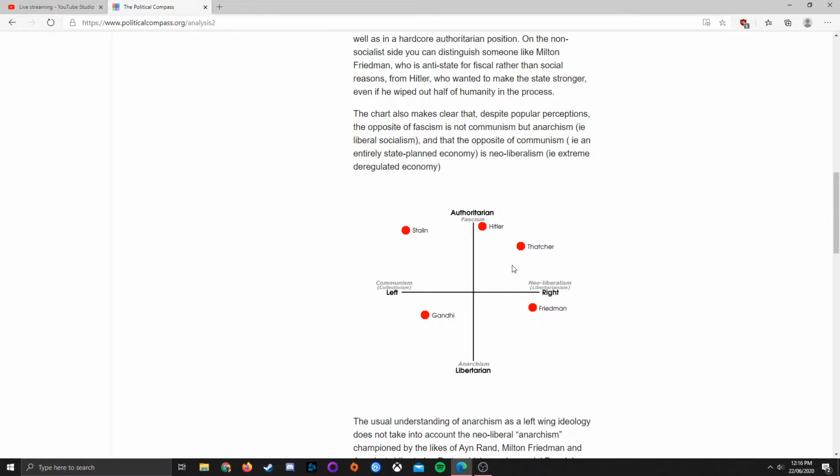So always try and think of someone as being on these points on both axes, between the economic axis and the social axis. You can't really say that they're just left wing or just right wing. It's a bit simplistic to say that.